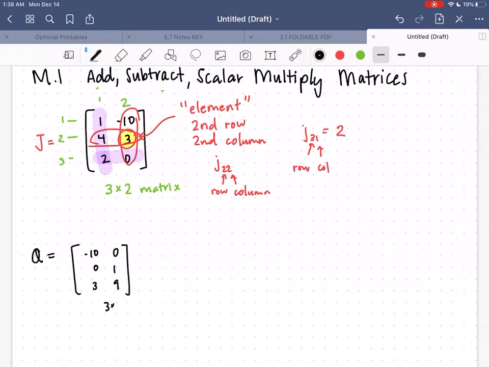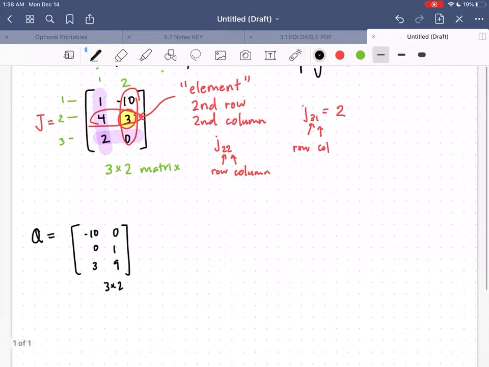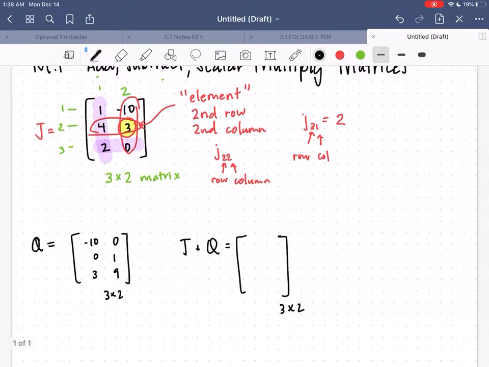Just like that. So this is also a 3 by 2 matrix. I can add J plus Q. I can add these matrices, and the resultant matrix will still be a 3 by 2 matrix. And I'm just going to add them in the same component.